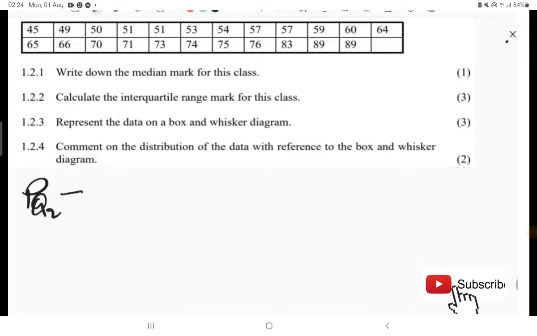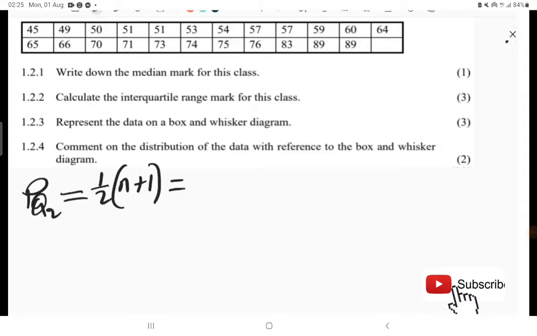Now, we have 1/2, which is half of the data given, times n plus 1. So this is the formula to find the position, not the median that is being required, but the position of it, the position number of the median in our data.